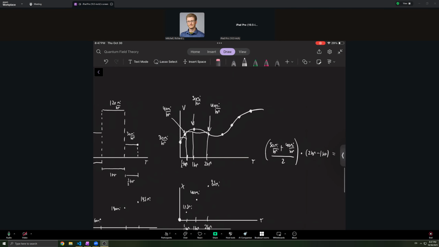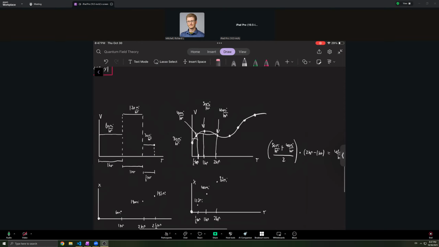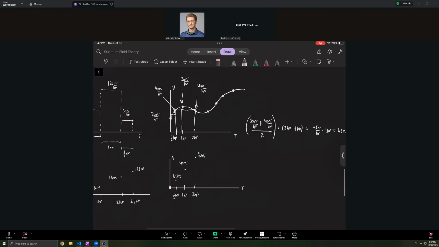So what we do is take an average of 2 data points to split the difference between that data point and that data point, and that is the velocity we use. We multiply that by time, and we get our distance traveled. And you can see I could keep doing this process for all these data points. It doesn't matter how many data points you have. You can keep doing this and keep building up your position data. And that is how you would go from some arbitrary velocity data to position data.